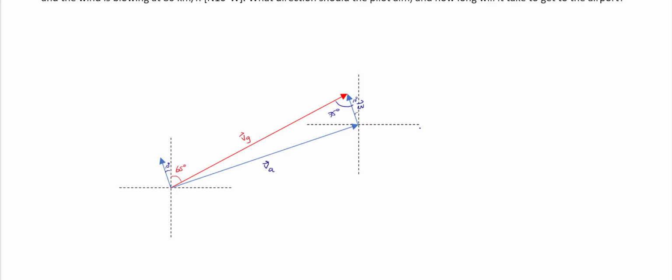Okay, so what I have here, and I know that my air velocity right here is 200 kilometers per hour, and I know that my wind velocity is 80 kilometers per hour. So what I notice right here is that it is not side angle side, it is in fact side side angle. So I'm going to have to use sine law.